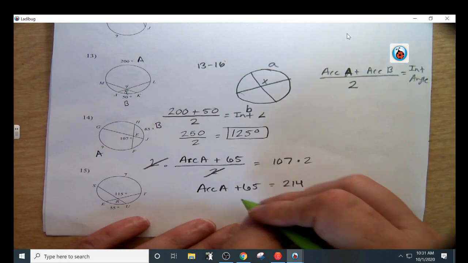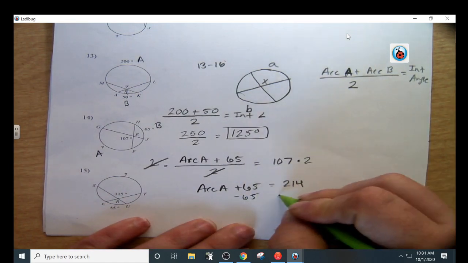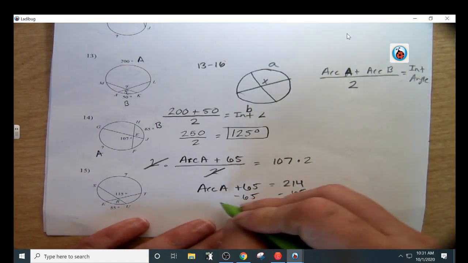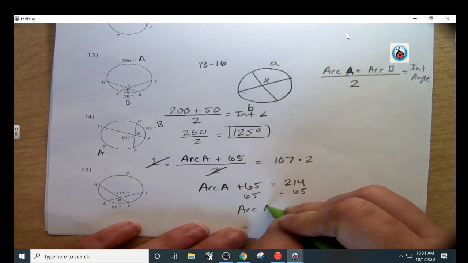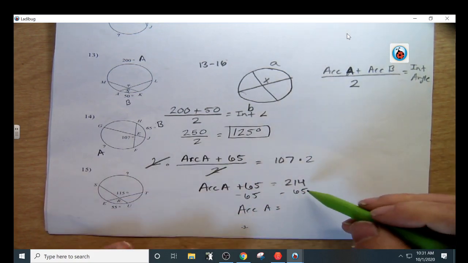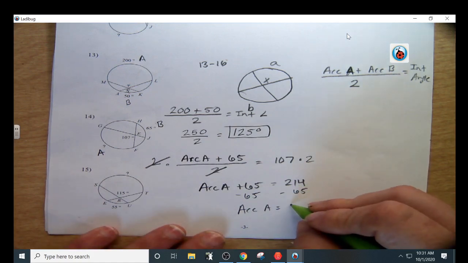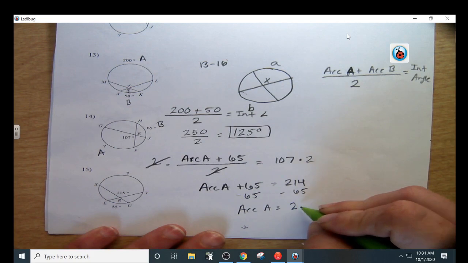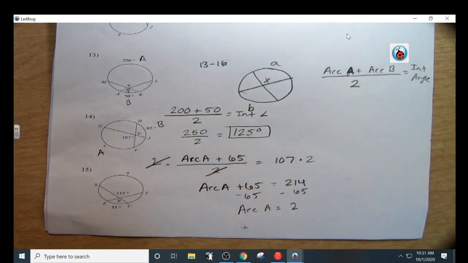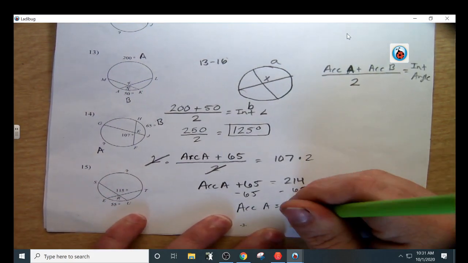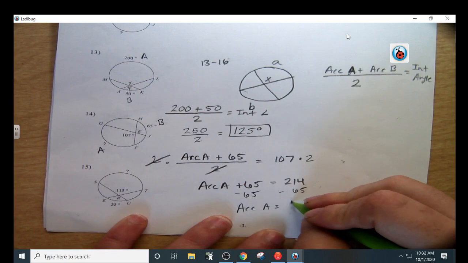Last but not least, we'll subtract here. So arc A equals, let's see, what was that, 249? I mean 149. Yeah, 149. So arc A equals 149.